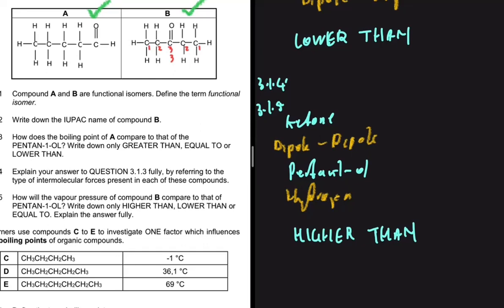And as a consequence, it is going to have a lower vapor pressure compared to the ketone. The ketone will have a higher vapor pressure. So what you need to memorize is that the stronger the intermolecular forces, the higher the boiling point, the higher the melting point, but the lower the vapor pressure. You need to know that.